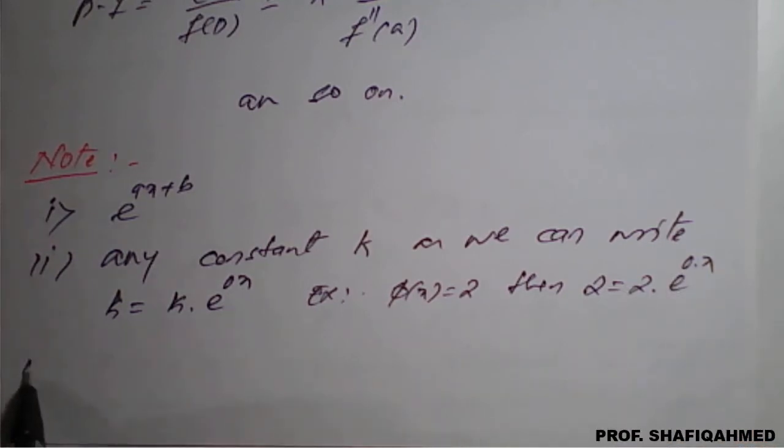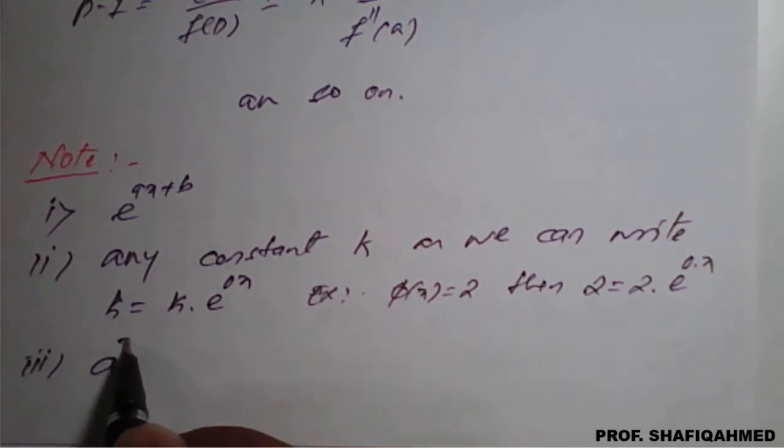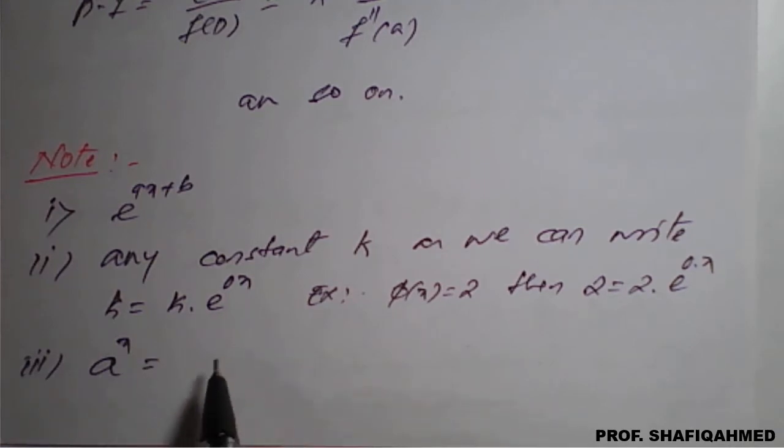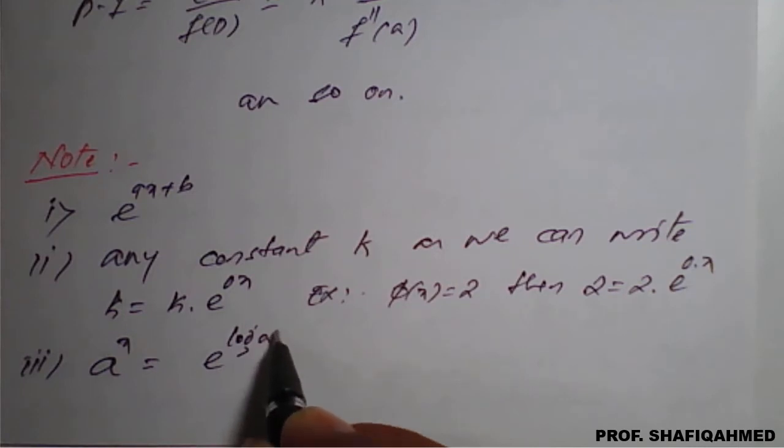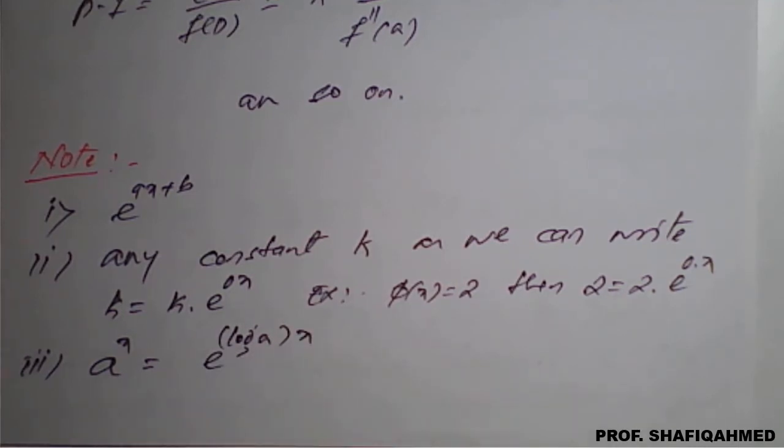Similarly, note number 3 here. Remember this, very important: a raised to x formula we are going to use as e raised to log of a into x. Here a will take any constant values like 2 raised to x, 3 raised to x, 5 raised to x. At that time it will become e raised to log a into x.